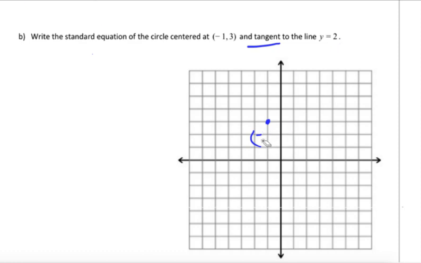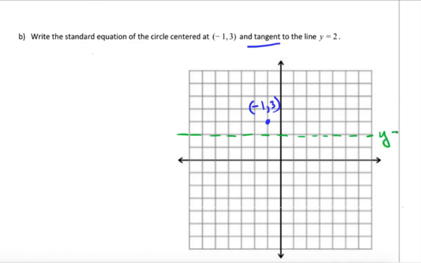So let's see the line y equals 2. Let's move this out of the way. So negative 1, 3. And that means it's tangent to this line y equals 2, which is going to be that dashed line there.